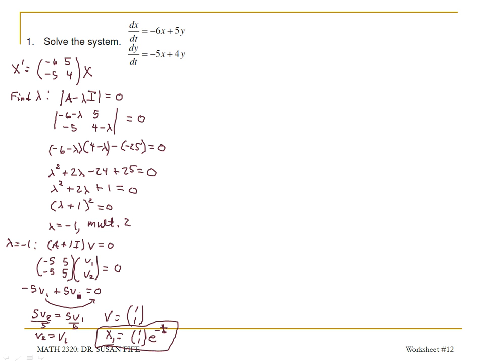What we want to do is construct a second solution.